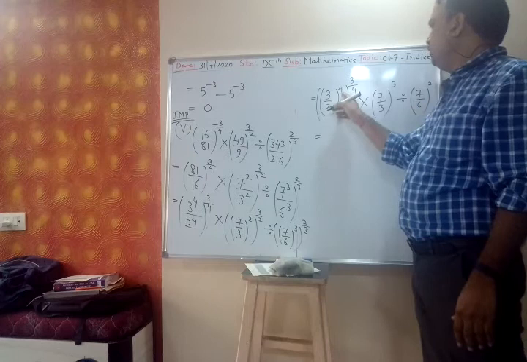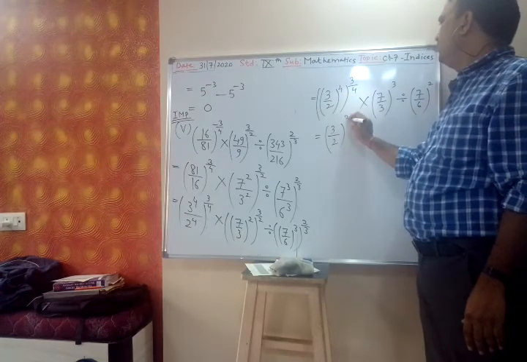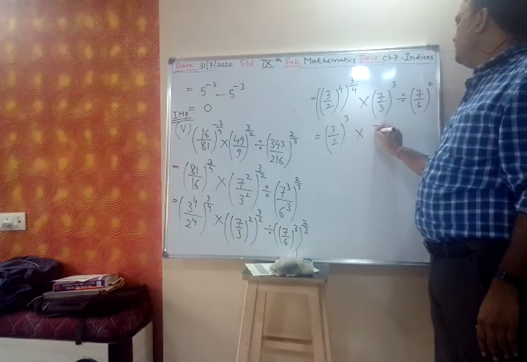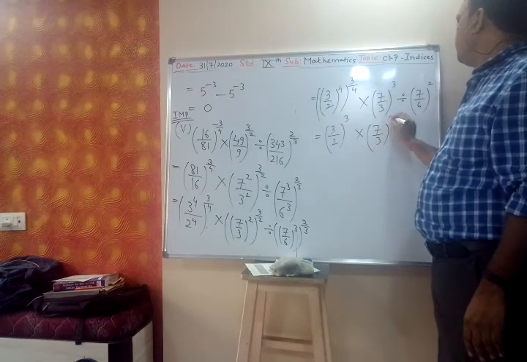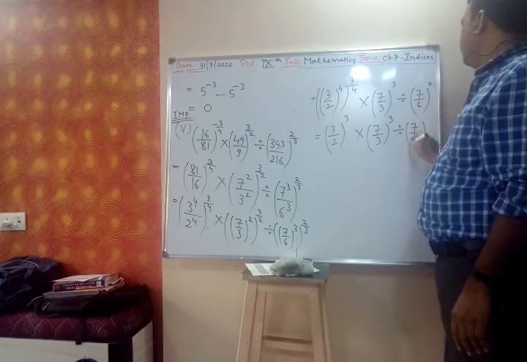So this I can write, 4 get cancelled, 3 by 2 raised to 3 into 7 by 3 raised to 3, now into 7 by 6 raised to 2.